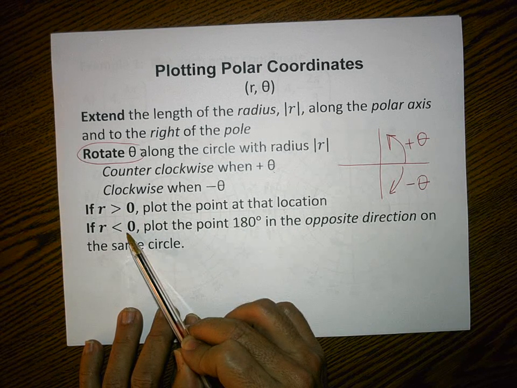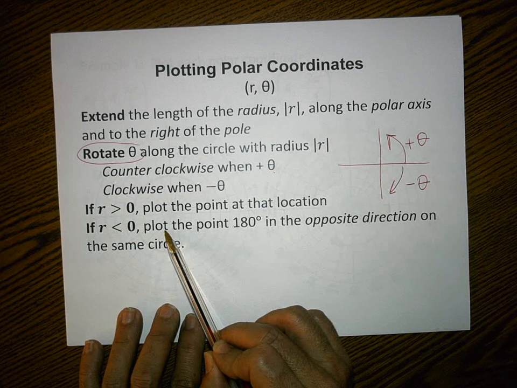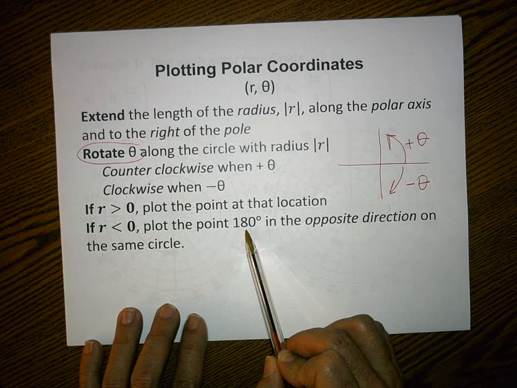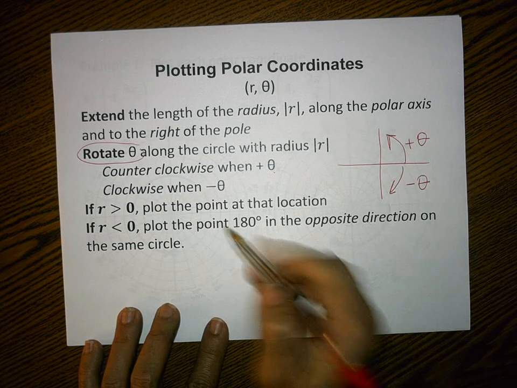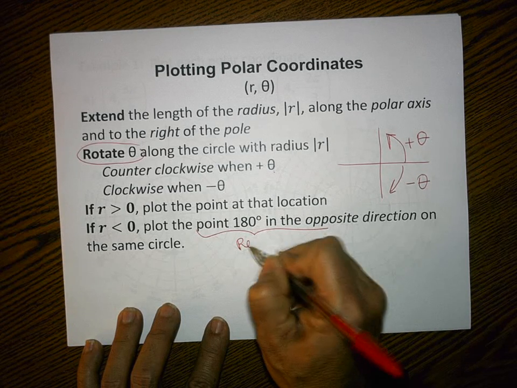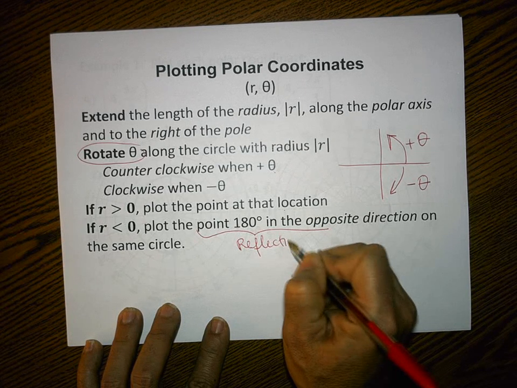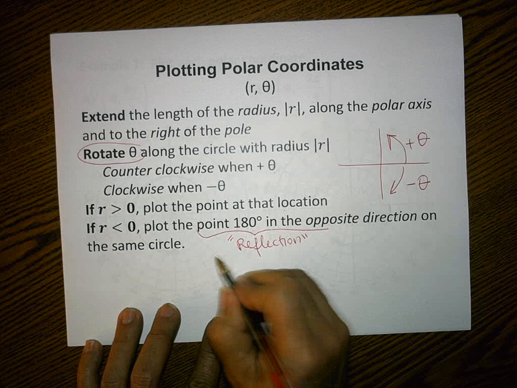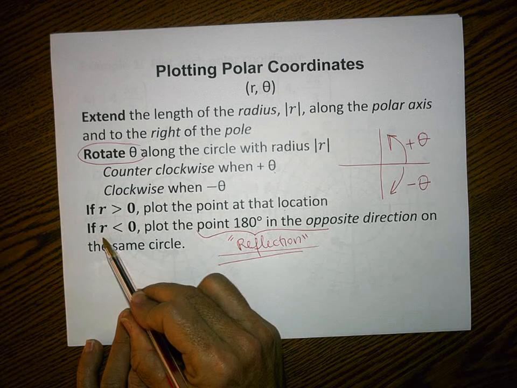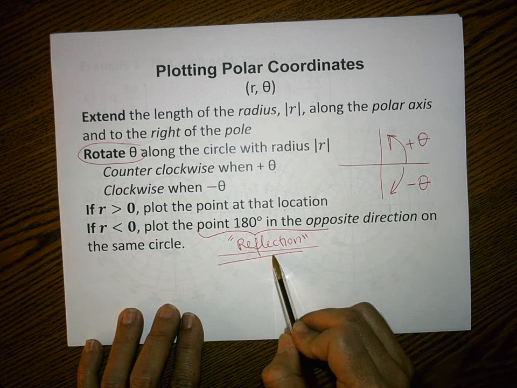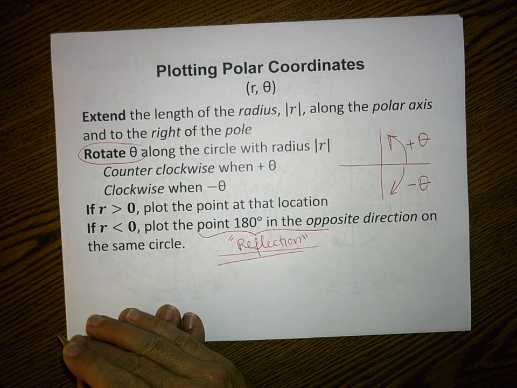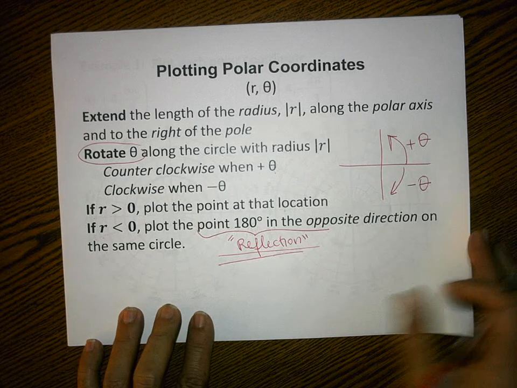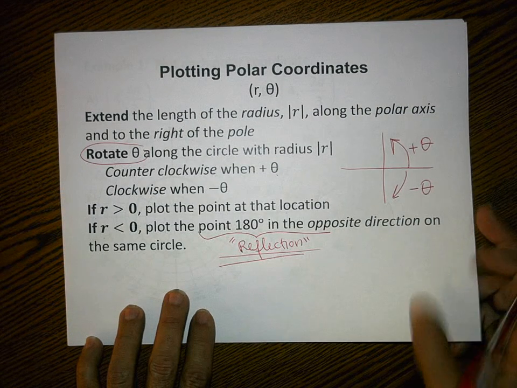If the radius is negative, we plot the point 180 degrees in the opposite direction. That's called a reflection. That's why I said when we're thinking about negative, think about reflection, because you're going 180 to the other side. Okay? So that's just a little introduction, a lot of wording.